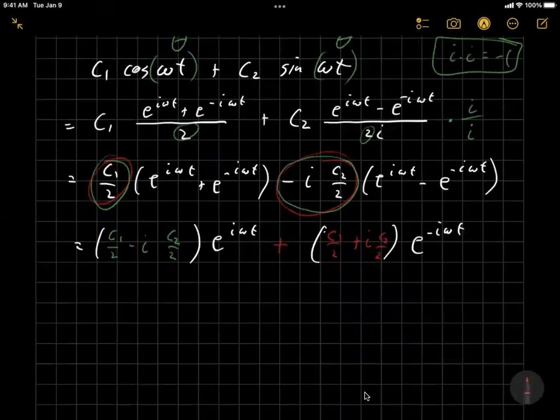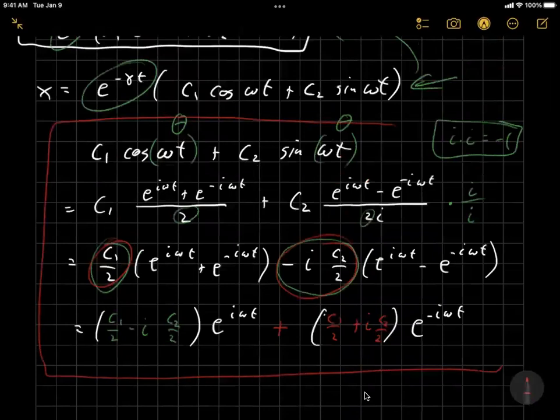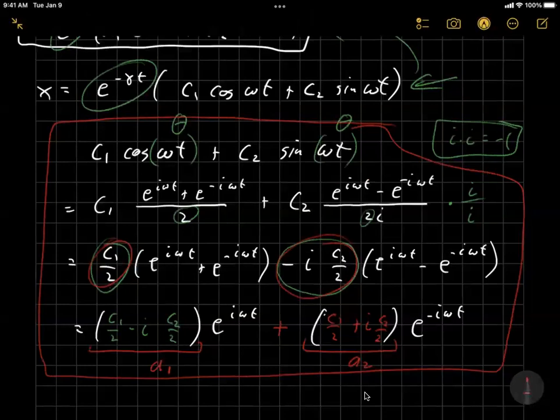So we can see with our string of equalities here, we started with C1 cosine omega t plus C2 sine omega t, and we were able to get to a series of constants. So this would be my A1, and this will be my A2, times e to the I omega t and e to the negative I omega t.